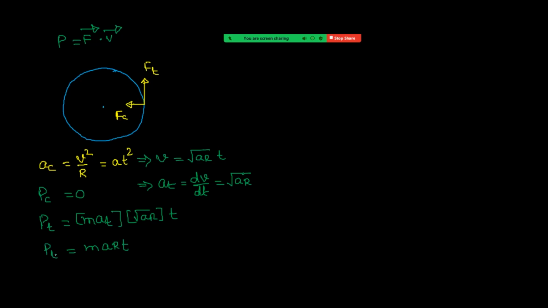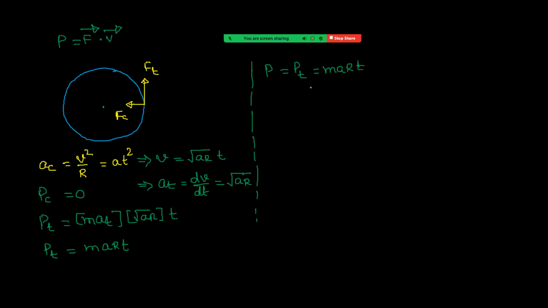This is the power delivered by tangential force. And we have learned that power delivered by centripetal force is 0. That means the power delivered is nothing but the power delivered by tangential force, which is equal to m a r into t. Okay, this is instantaneous power.